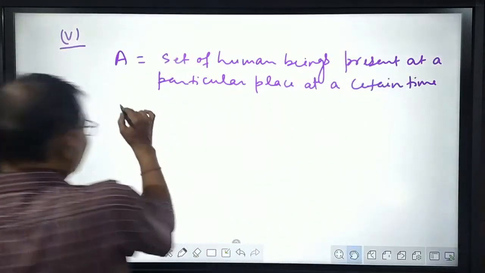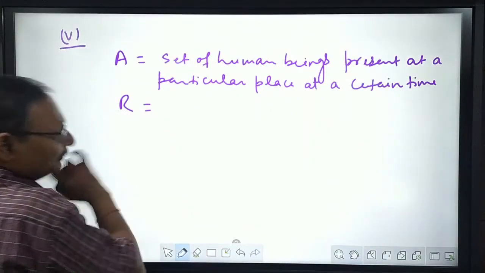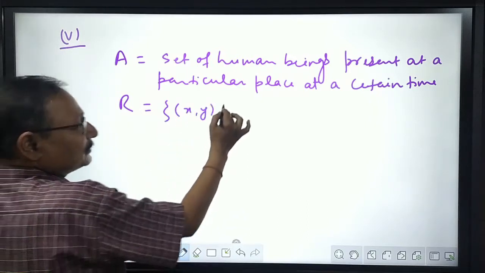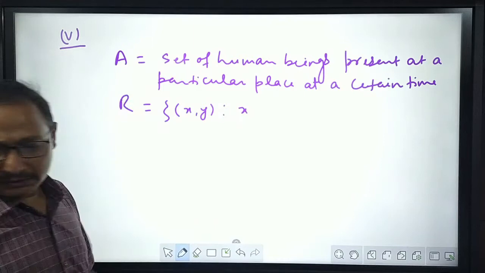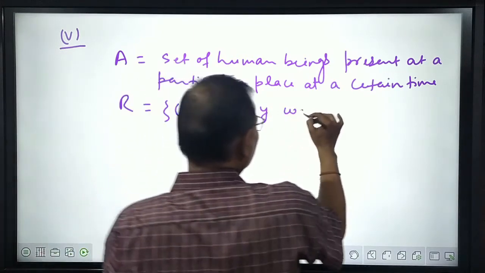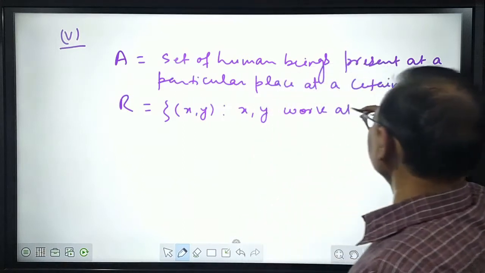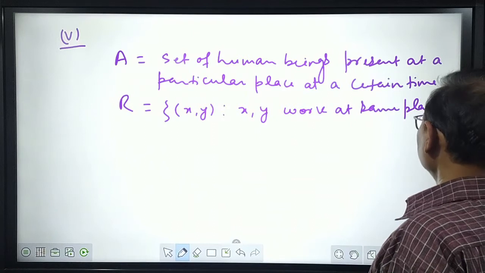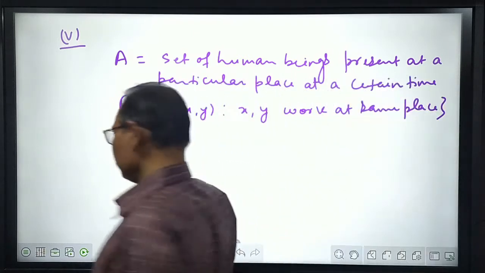That means this relation R is defined as a set of pairs x y such that these two, x and y, work at the same place. Now you just think about reflexivity.